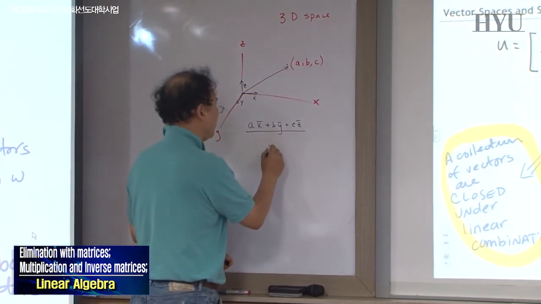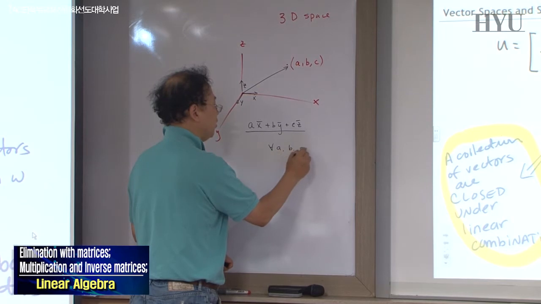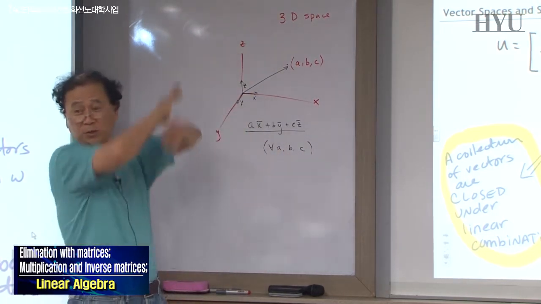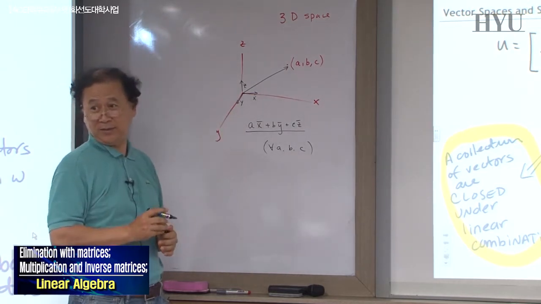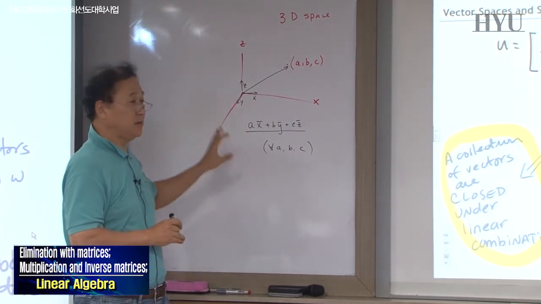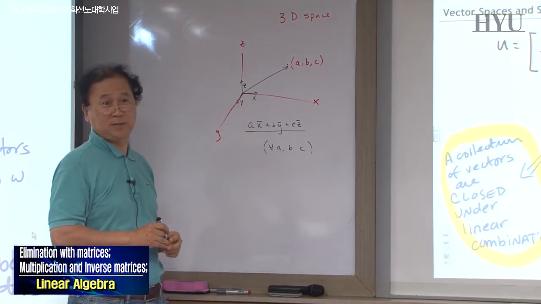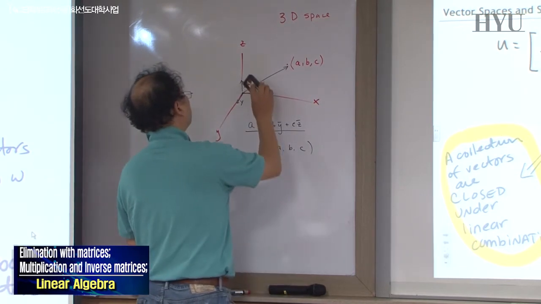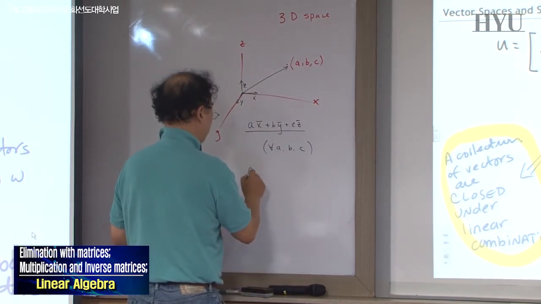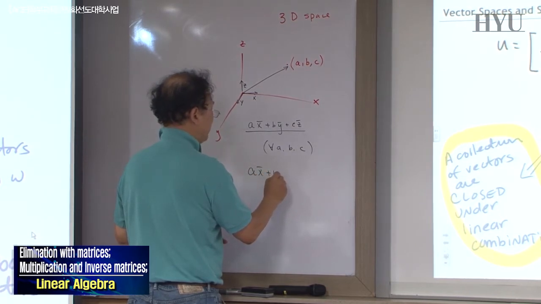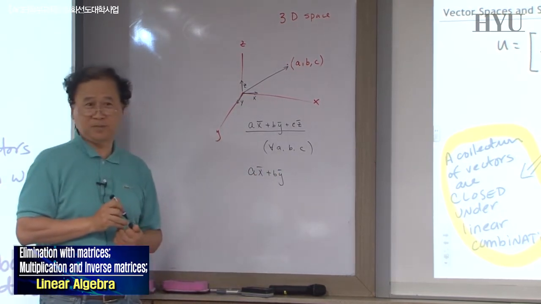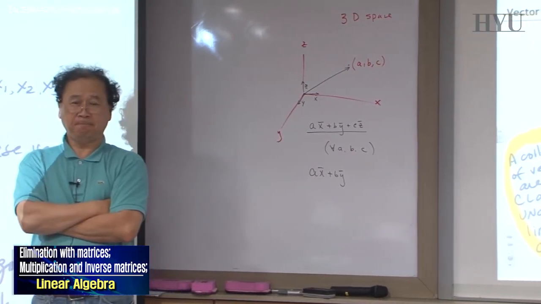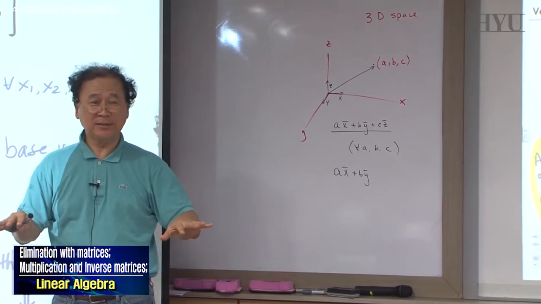Assuming you have all values of A, B, C, all the combinations of values, then you can represent all the points, right? The whole space. So that's what it really means. But then, how about AX plus BY only? Does it cover the whole space or what? Just one plane, right? One plane.